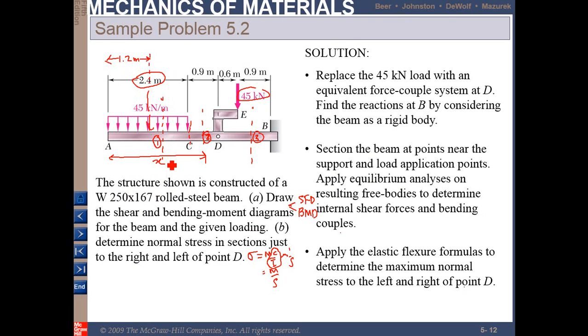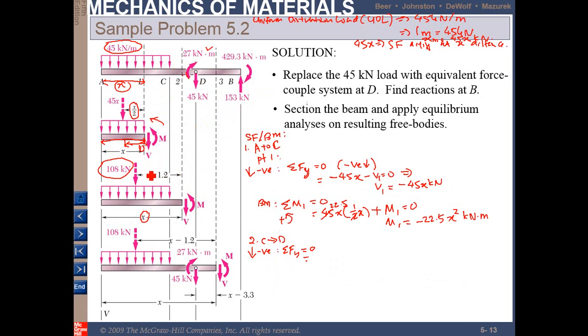So that means, what is the distance from here to here? Because you know from A to 2 it is x, so from here to here it is x minus 1.2. So that's why you got x minus 1.2 from here to here.